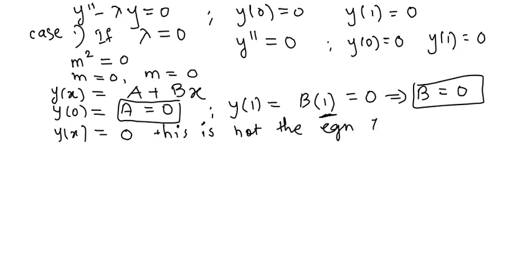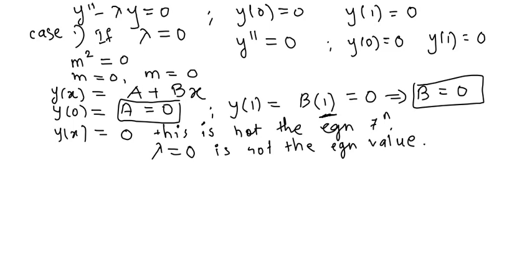If this is not the eigenfunction, what does that mean? Lambda equal to 0 is not the eigenvalue, because eigenvalue is that value corresponding to which we will get a non-zero solution. This is not the eigenvalue.